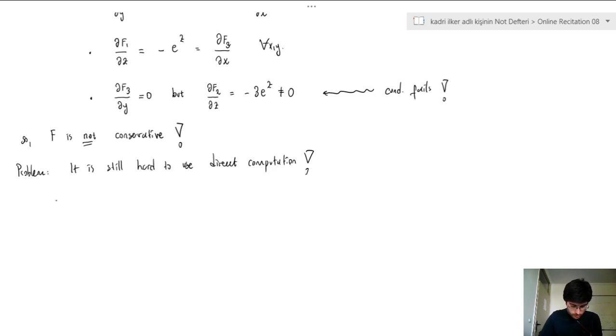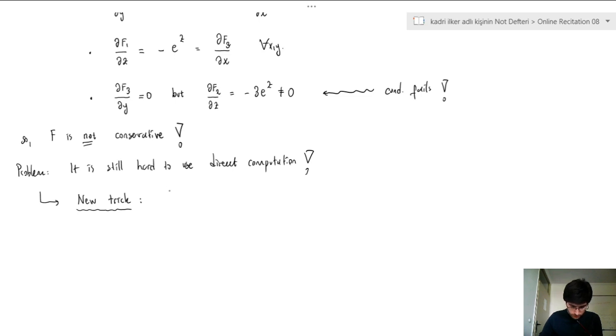So here is a new trick, or the new approach. Try to modify F so that F turns out to be a conservative vector field.